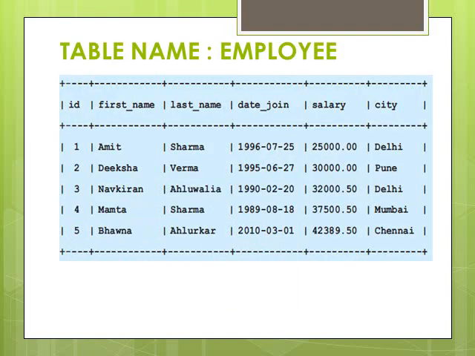Let us discuss some more examples with the help of the employee table. First of all, see the table. Employee has columns ID, first name, last name, date of joining, salary and the city. The number of records in the table is 5.